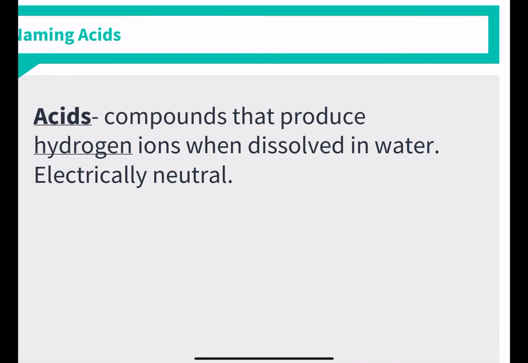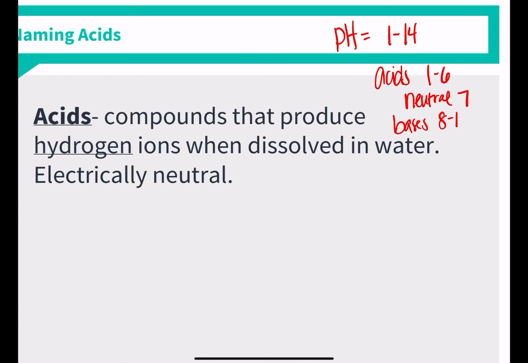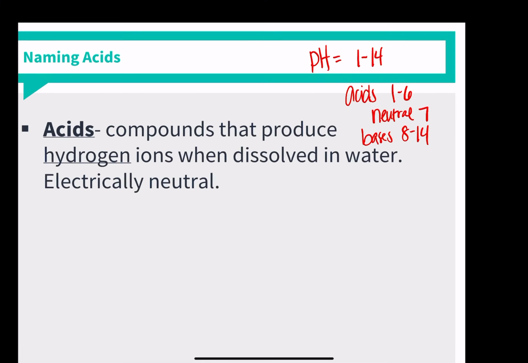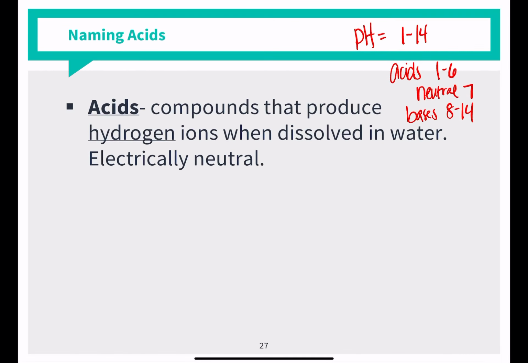We'll talk about these more later in the year. It goes from 1 to 14. On the pH scale, acids are going to go from 1 to 6. Neutral would be at 7, and then above that are bases, from 8 to 14. When acids dissolve in water, they release hydrogen ions, and they're electrically neutral.